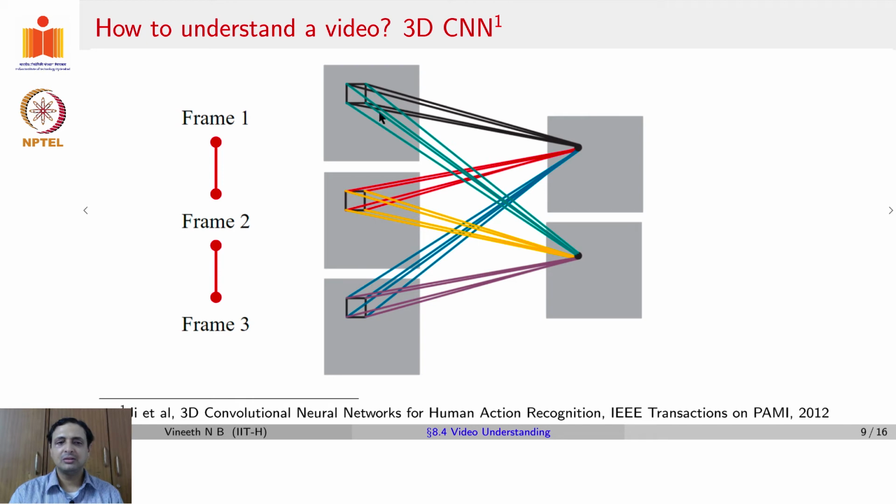You can see here that the first patch has a set of weights which gives you a pixel in the output feature map, but that feature map is also influenced by another set of weights that is applied to the second frame and a third set of weights that's applied to the third frame. Similarly, in a second feature map, you would have a different set of weights applied to each frame of your video. So you have another dimension that you have to convolve on now, which is the temporal dimension.